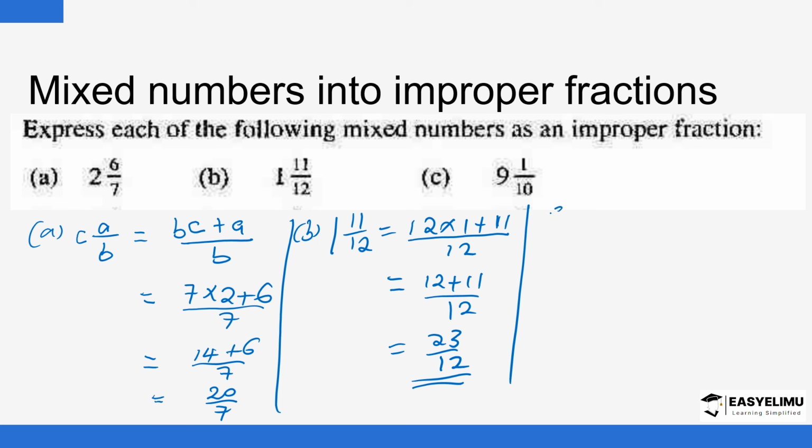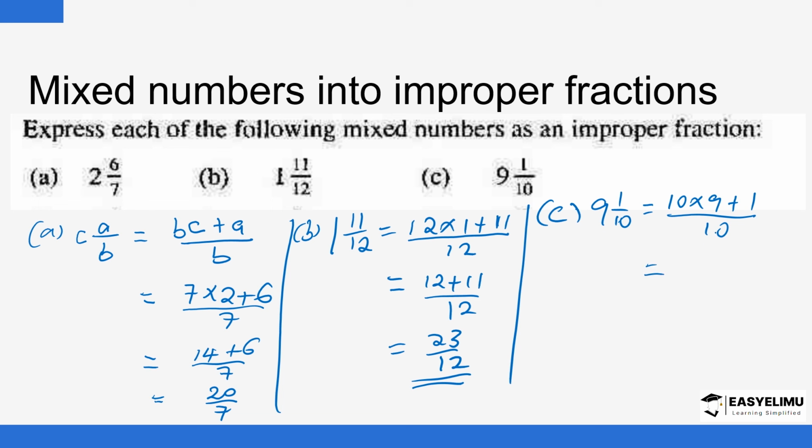And then we have C here. C here we have 9 and 1 over 10. So the rule is you multiply these two and then you add the numerator part. So 10 by 9 plus 1 over 10.